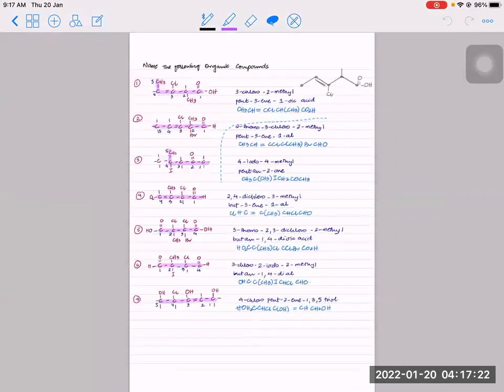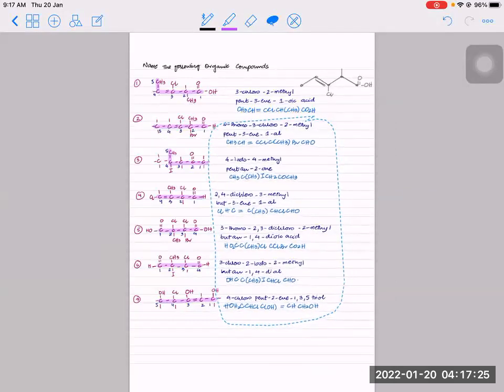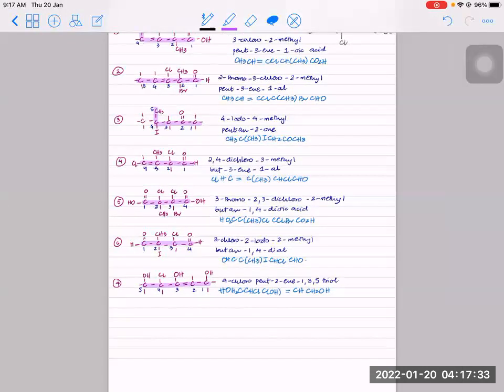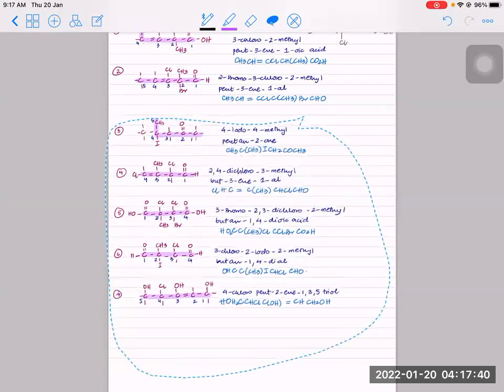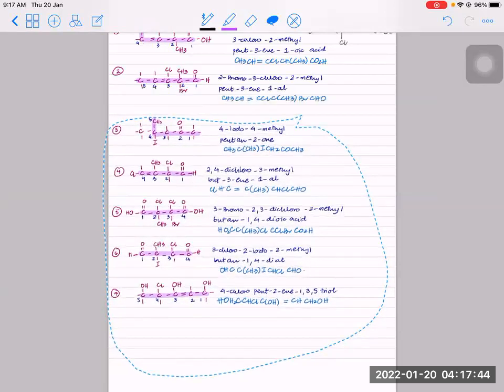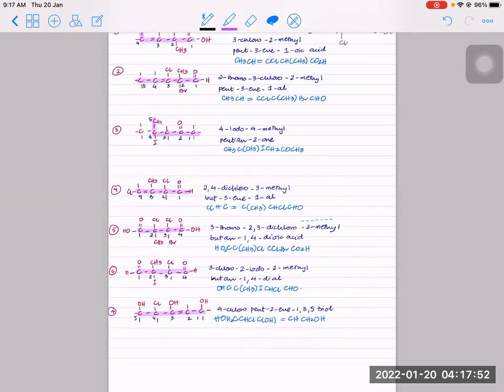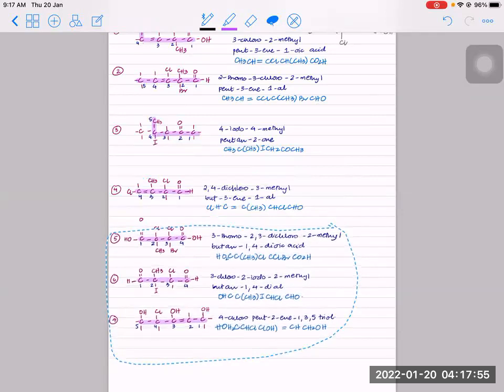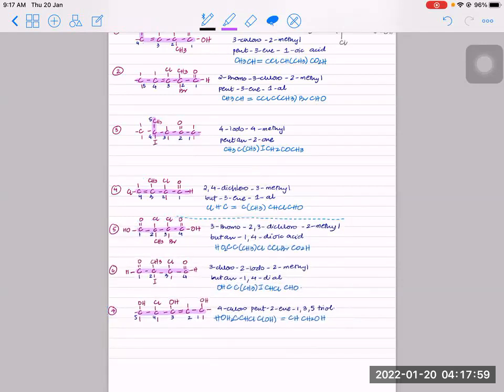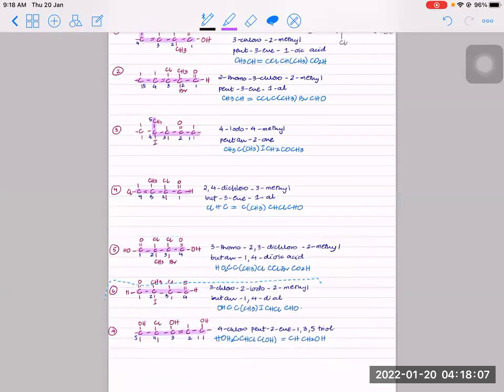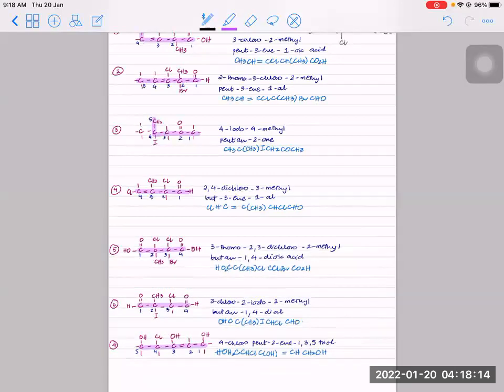One second, I will just move the name slightly to the left. Barely have space, one second.